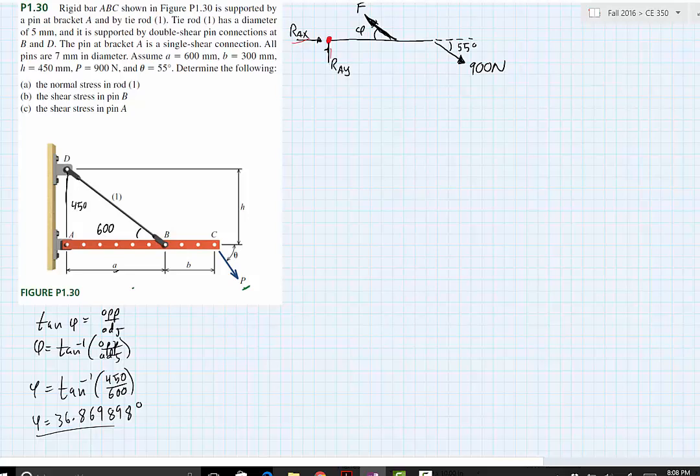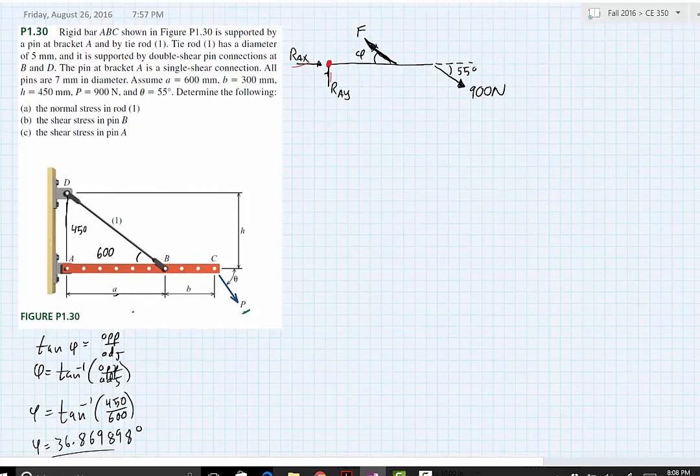So the only forces we'd be left with are the vertical forces for F at point B, and at point C, this is B and this is C. So I'm going to break these forces up into components.